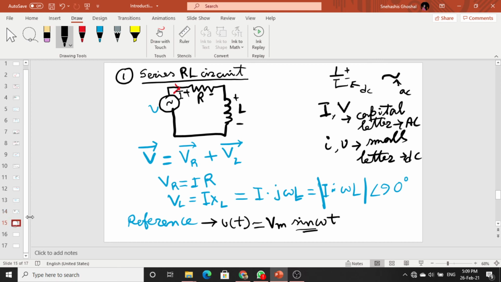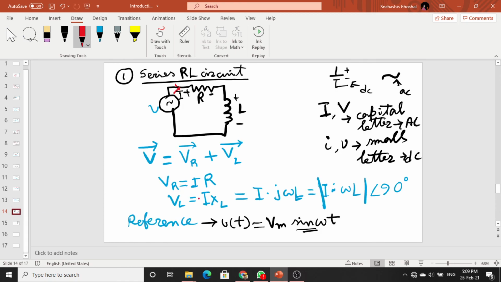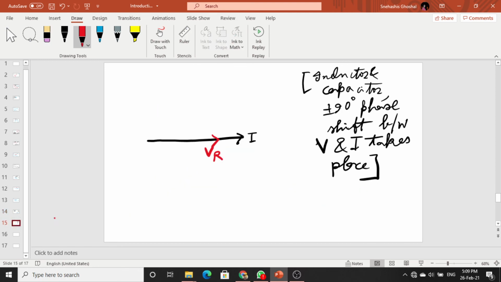So to some scale, let me suppose this is the voltage drop across the resistor, and for VL we have seen the phase difference is plus 90 degrees. So VR plus 90 means anti-clockwise 90 degrees. So somewhere here, depending on a certain scale, this will be VL.